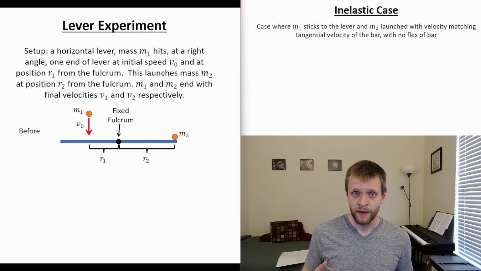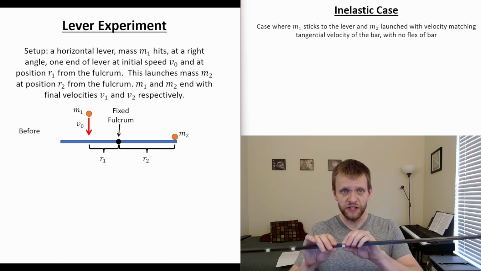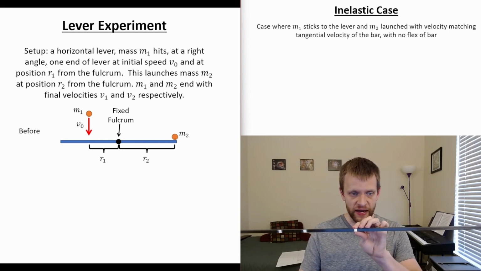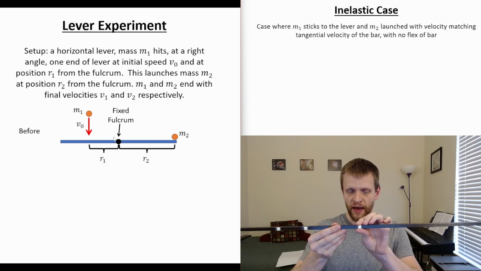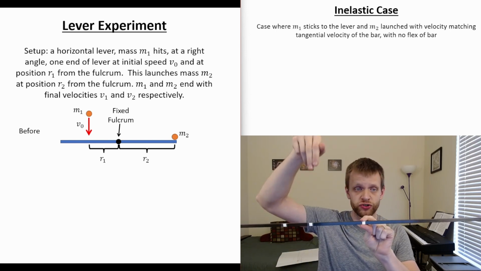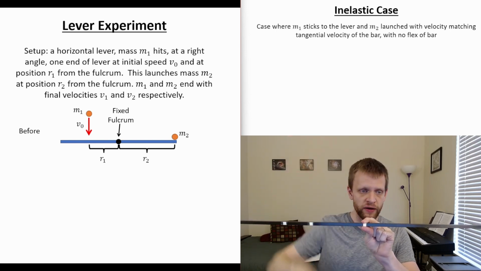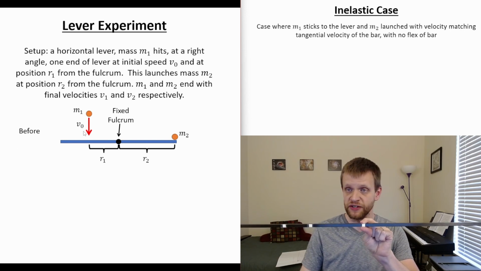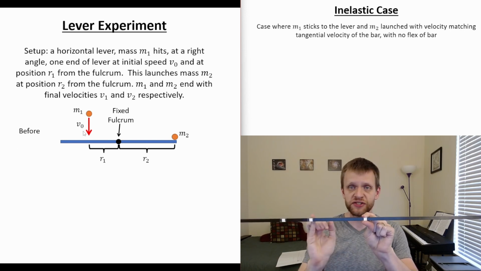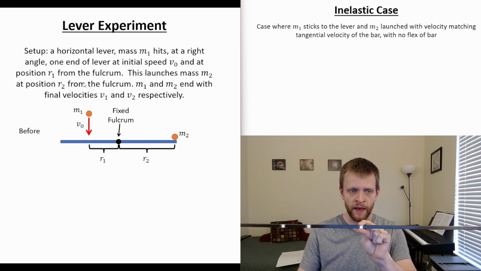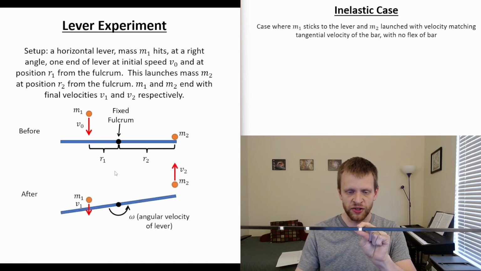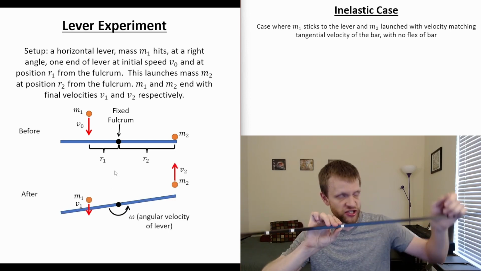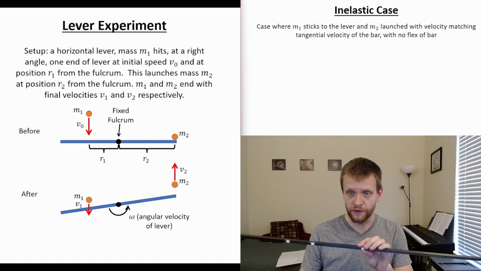Hi everyone. After a long delay, which I do apologize for, we're finally getting to this lever experiment, specifically looking at the case where I have a horizontal lever, and I hit that horizontal lever with a mass m1 going at some initial velocity v0 at a certain distance from the fulcrum, and when that mass hits, it's going to launch a second mass at the other end of the lever.